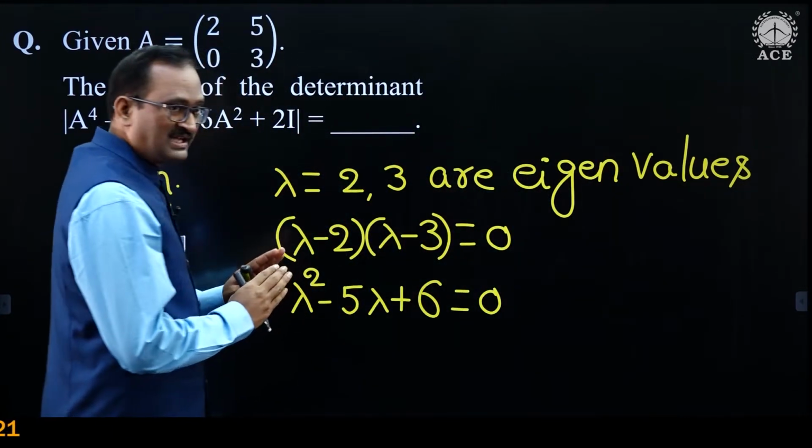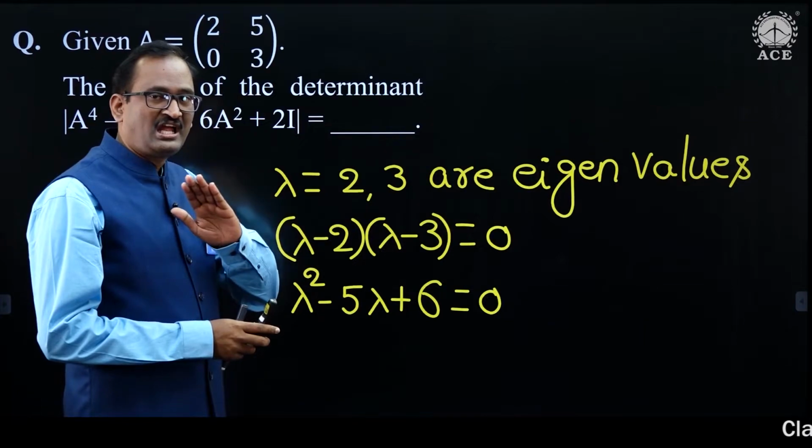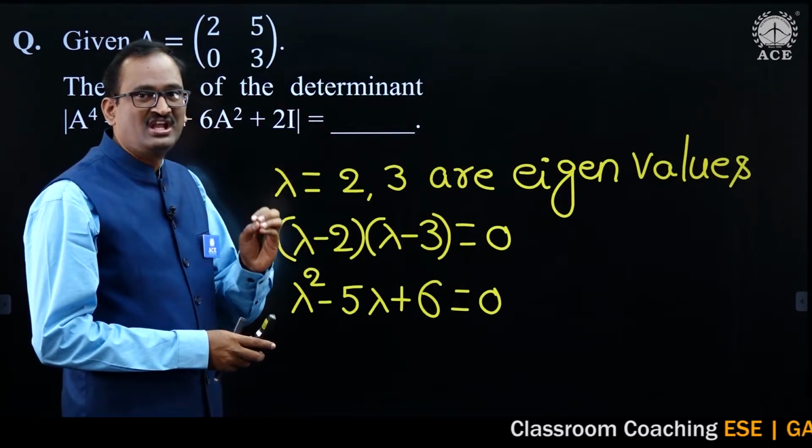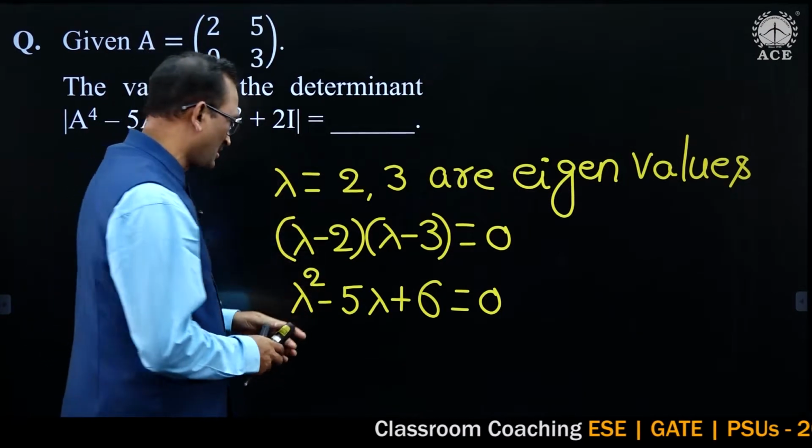Now, this is the characteristic equation. Cayley-Hamilton theorem states that every square matrix satisfies its own characteristic equation.